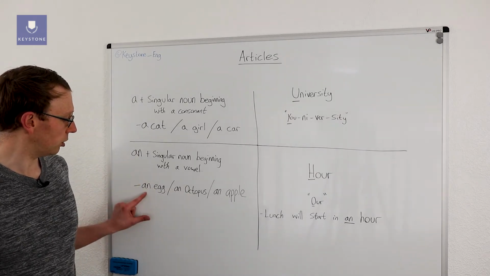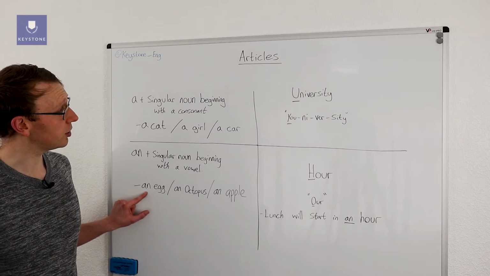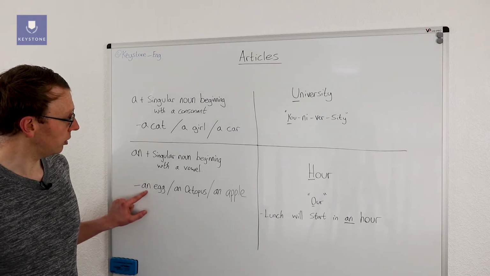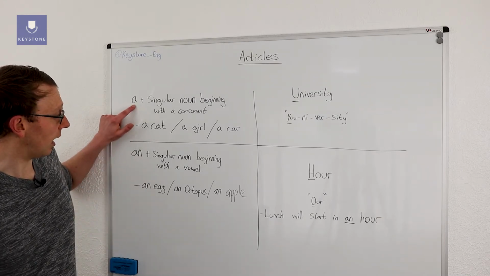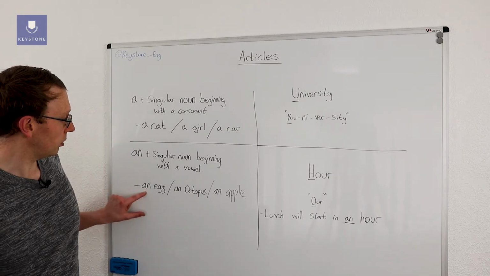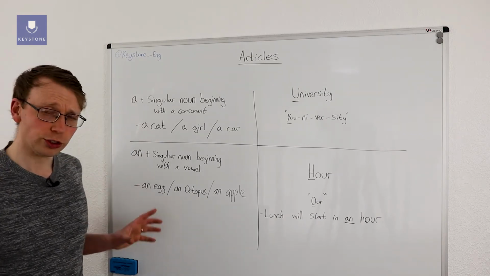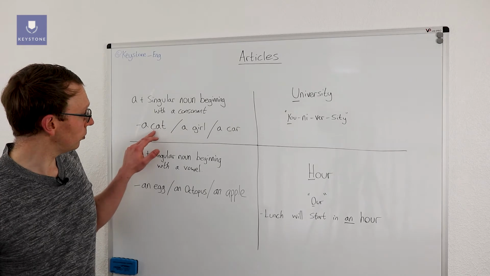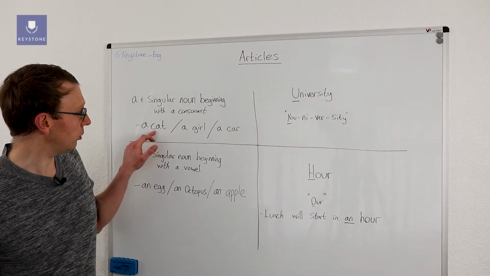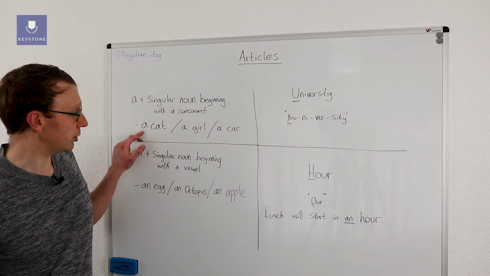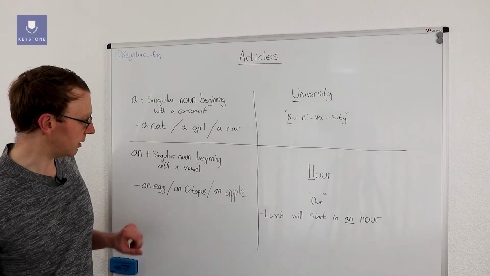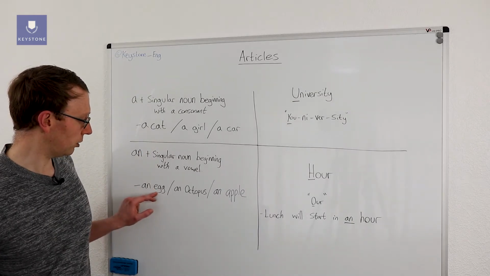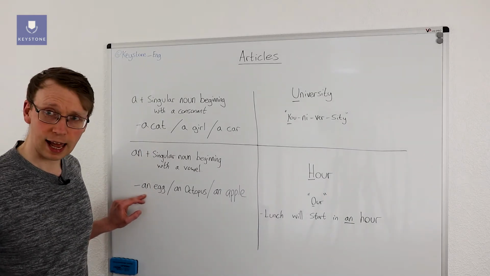So we use the indefinite article an instead of a. So if it is a consonant sound for the noun, then we use a. If it is a vowel sound, we use an.